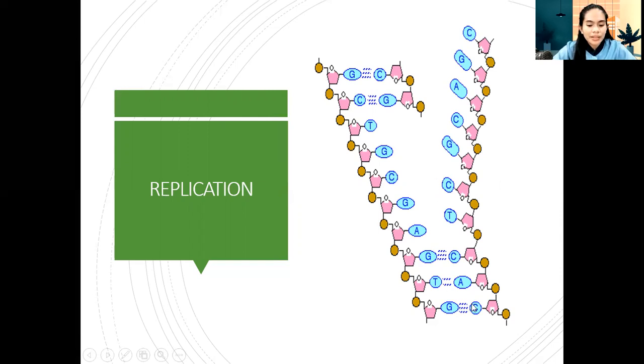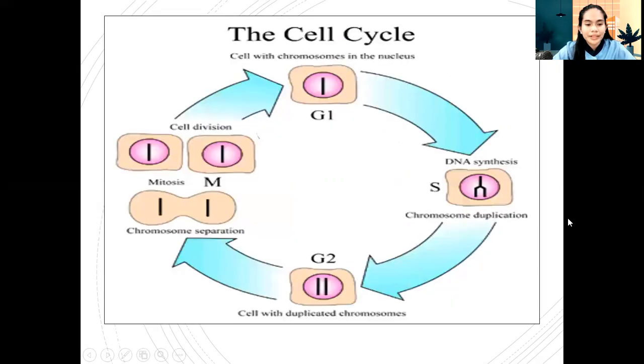You can see here that C has G as its partner, and T has A as its partner. This is the unzipping. This is where helicase comes in, and when helicase acts, it unzips the DNA. The DNA polymerase then zips them together again at some point. So that's your cell cycle start.